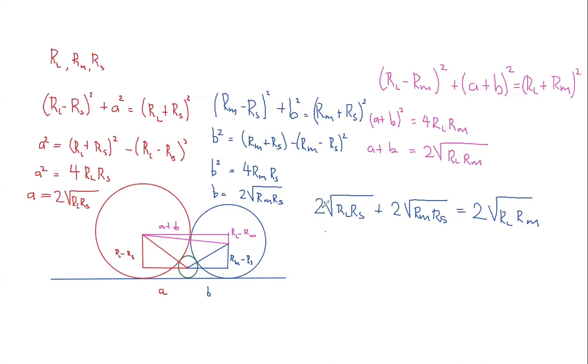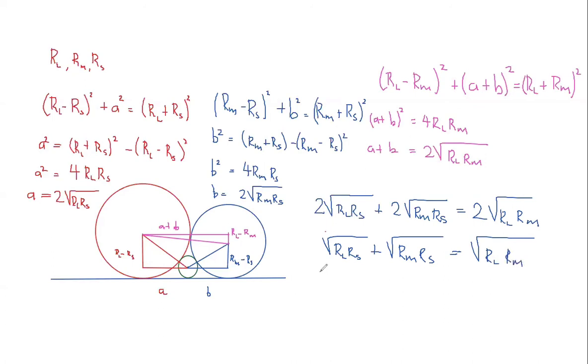2 is a constant, so we can drop that off, and that leaves us with root RL RS plus root RM RS is equal to root RL RM.